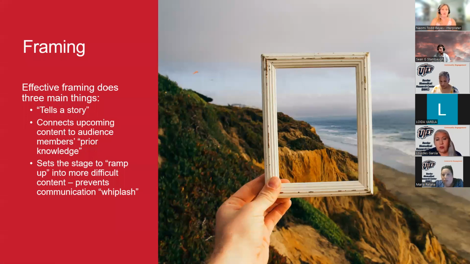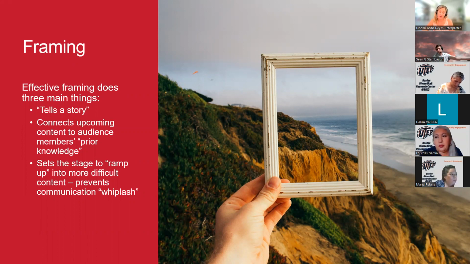Connected to this idea of introducing objectives early to orient your audience is the idea of framing. And framing is a way to limit the scope of your training so that you don't end up taking on too much. So within framing, you begin to tell a story to your audience about why they are here with you today, what they will gain from today's training, why it might be helpful for their work.